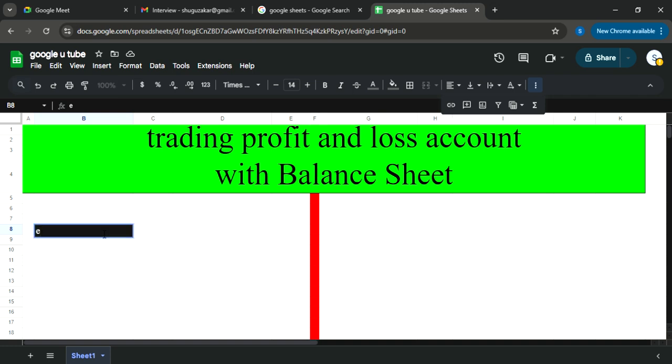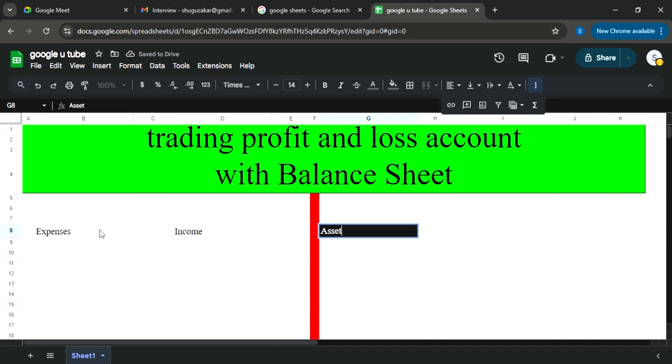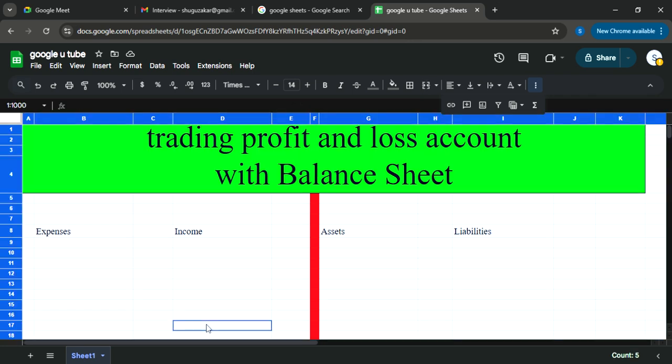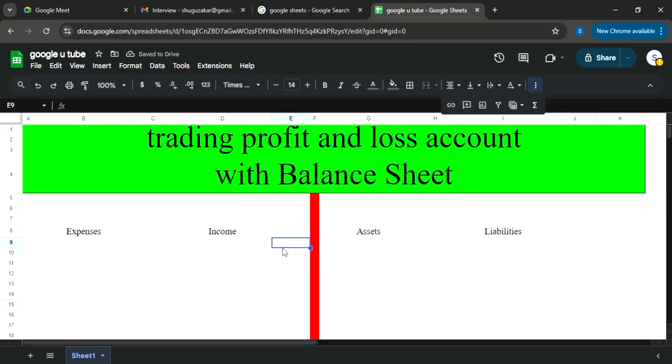First is our expenses, and then we have discussed our income, after which we have seen assets, and then we have seen our liabilities. So these are the four pillars of accounting, and in this chapter we are going to discuss the same four things: expenses, income, assets, and liabilities.